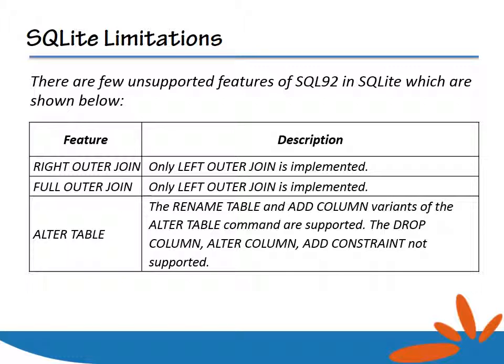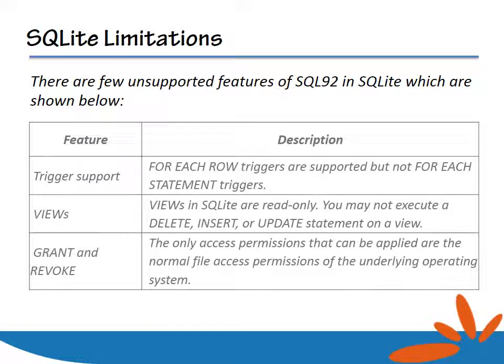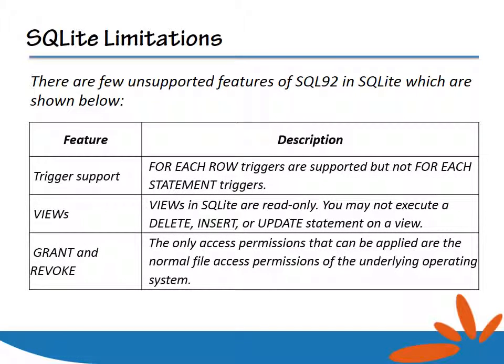In trigger support, FOR EACH ROW triggers are supported, but not FOR EACH STATEMENT triggers. Views in SQLite are read-only, so you may not execute a delete, insert, or update statement on a view. Similarly for grant and revoke, the only access permissions that can be applied are the normal file access permissions of the underlying operating system.